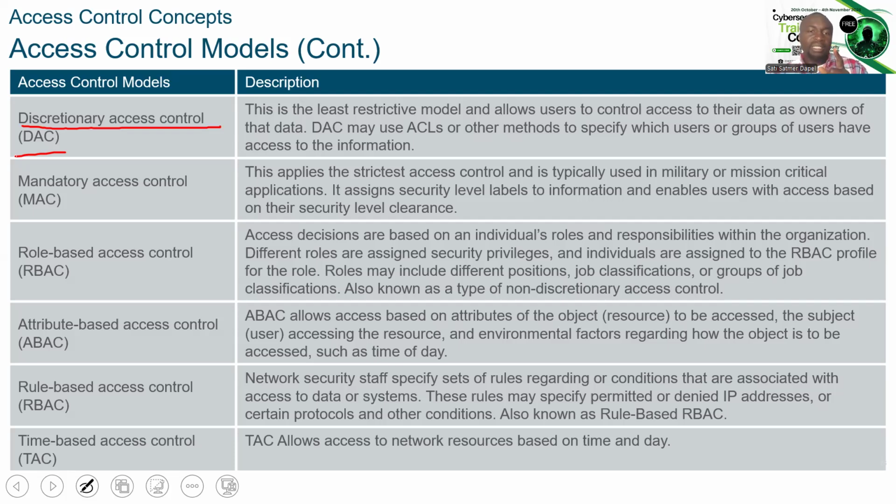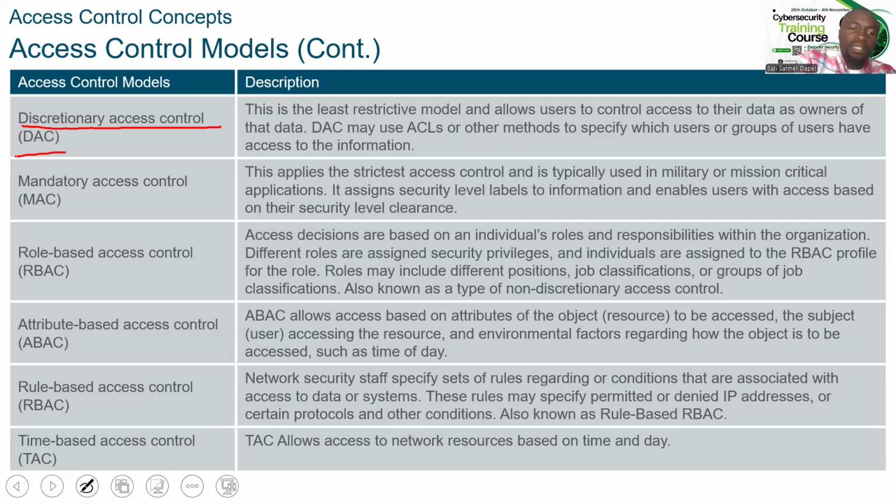This is the least restrictive model and allows users to control access to their data as owners of the data. DAC may use an access control list or any other method to specify which users or groups of users have access to the information. That is it for the DAC.